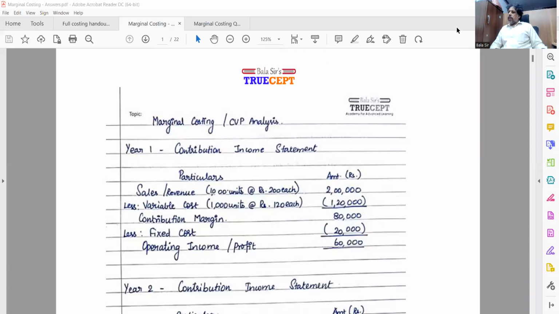Now remember one thing: the cost incurred in manufacturing and selling a product can be classified into two broad heads based on their behavior. Based on the cost behavior, you have to classify the cost into variable cost and fixed cost.